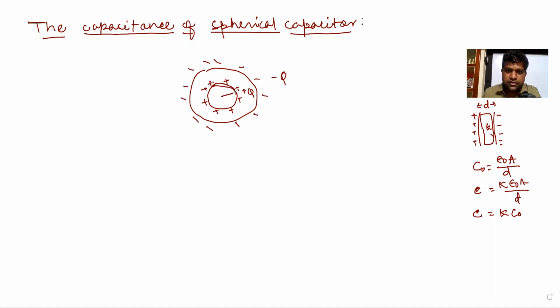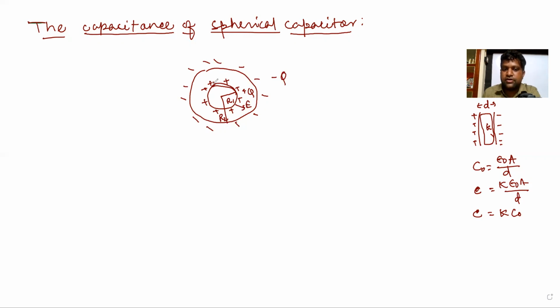Now let's say the inner sphere has radius R1 and the outer sphere has radius R2. As the inner sphere is positive, the electric field will be in the outward direction. This will be the electric field direction.